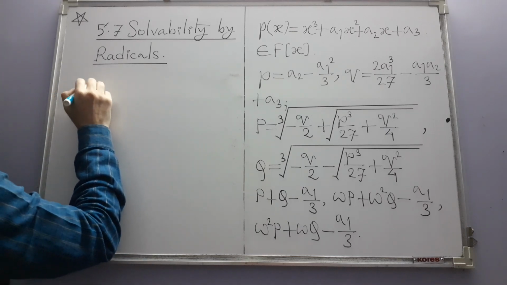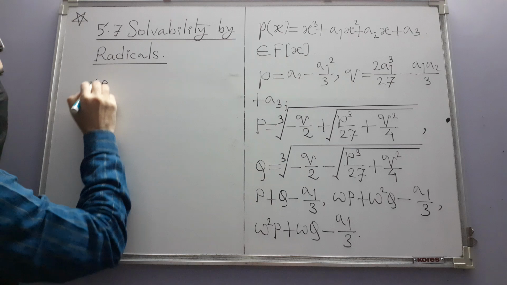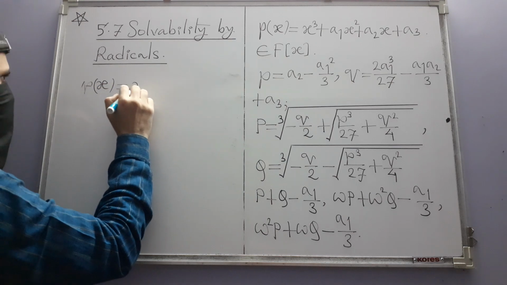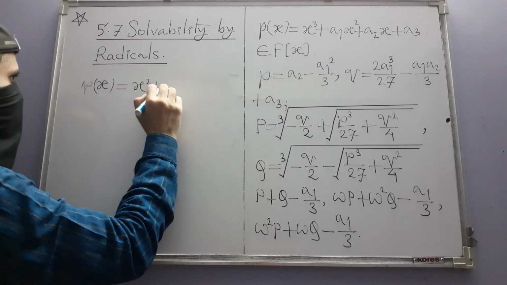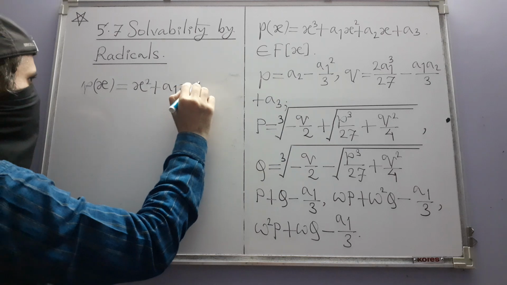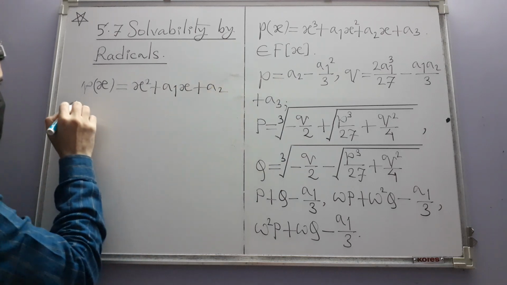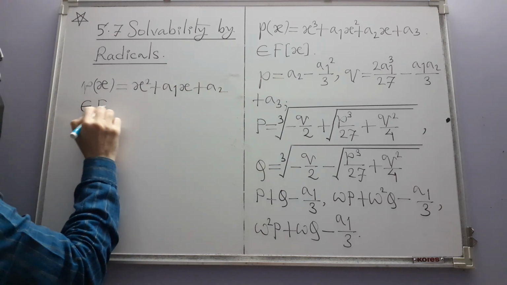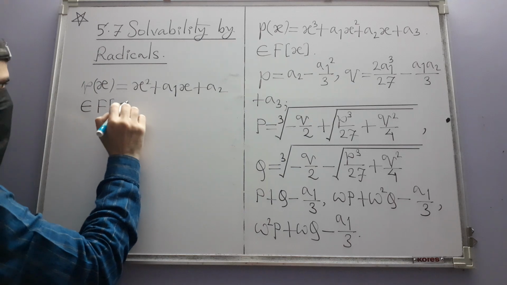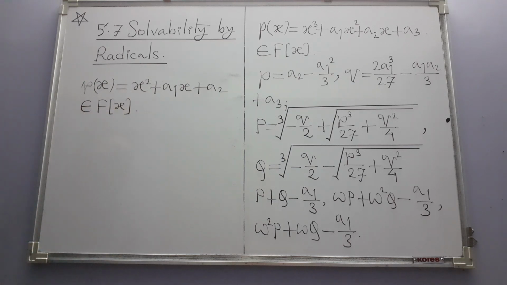So we consider this general quadratic monic polynomial over F. F is some field. Okay.